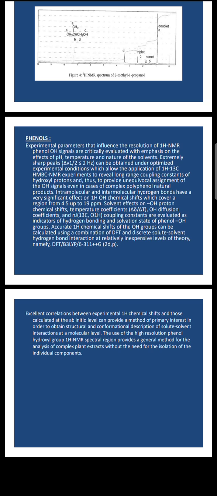Excellent correlation between experimental 1H chemical shift and those calculated at the ab initio level can provide a method of primary interest in order to obtain structure and conformation description of solute-solvent interaction at a molecular level.